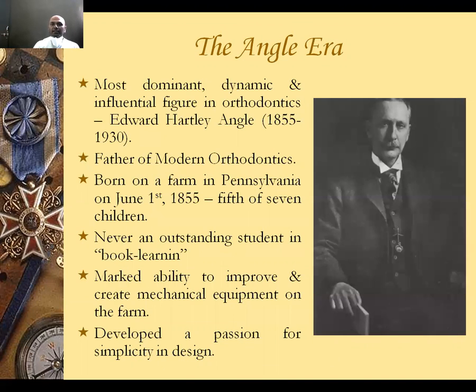Coming to Angle's era, Angle was the most dominant, dynamic, and influential figure in orthodontics. He is known as the father of modern orthodontics. He was born on a farm in Pennsylvania on June 1st, 1855, fifth of seven children, never an outstanding student in book learning, but with marked ability to improve and create mechanical equipment on the farm, and developed a passion for simplicity in design.